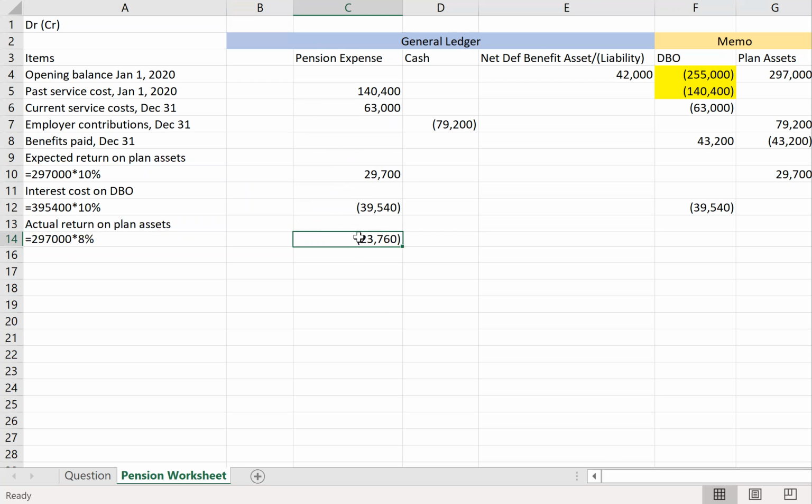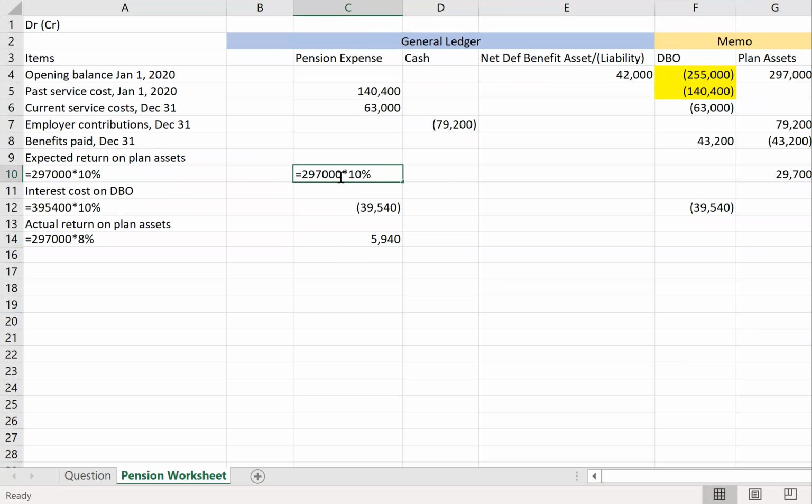But we don't want the whole amount there because we're only trying to recognize the difference. I think this should work. Yes, so the difference is going to increase our pension expense by 5,940. And actually, looking at these amounts here, I realize my signs are going the wrong way.